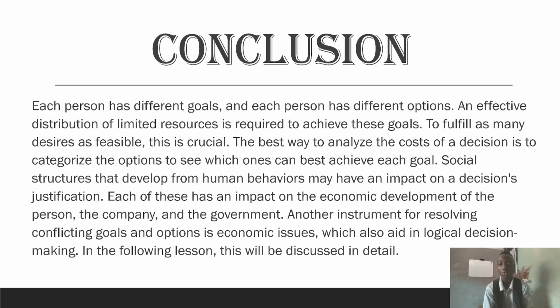Social structure too has a lot to do with your decision in achieving your goal. Social structure in the sense of availability of good roads, availability of power supply, availability of facilitation programs, and a lot more has a lot to do with decision justification. Each of these has an impact on the economic development of the person, the company, and the government.